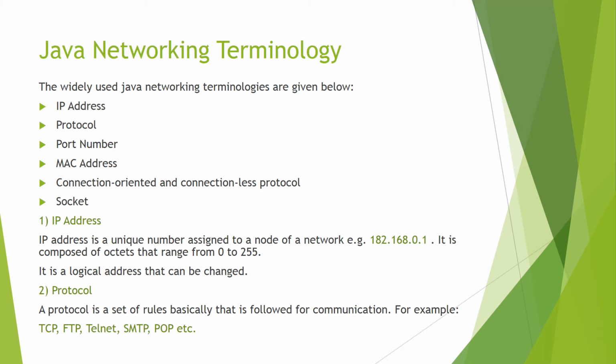It is a logical address that can be changed. Next, protocol. A protocol is basically a set of rules that is followed for communication. For example, TCP, FTP, Telnet, SMTP, POP, etc. These are some examples of protocols.